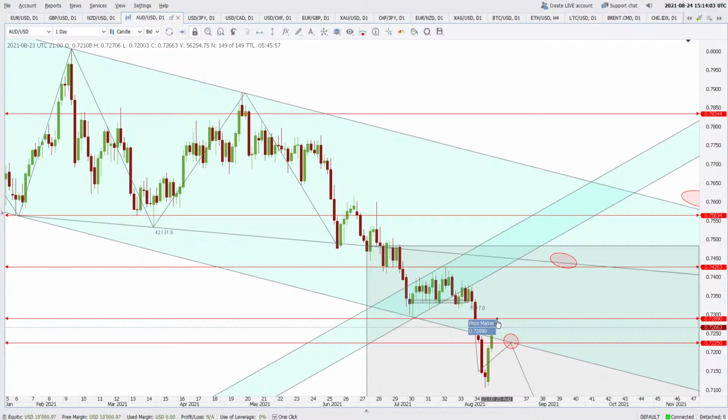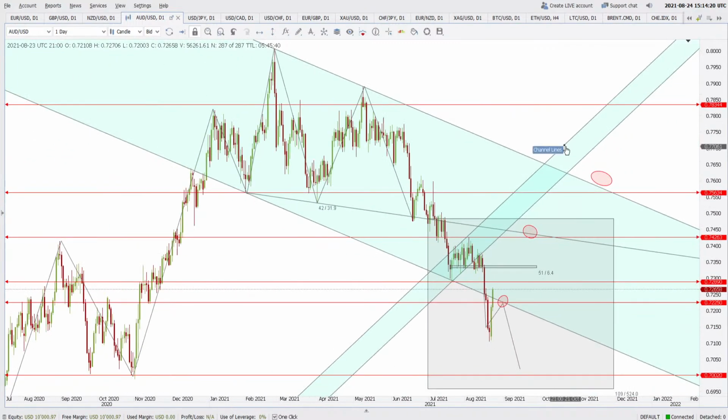But I think this 0.7289 and this congestion here, I will just extend it. This can be a good resistance for the price in the coming time. And for support, 0.7225 is the immediate support, and after that 0.7000 is going to be the next support for the price.